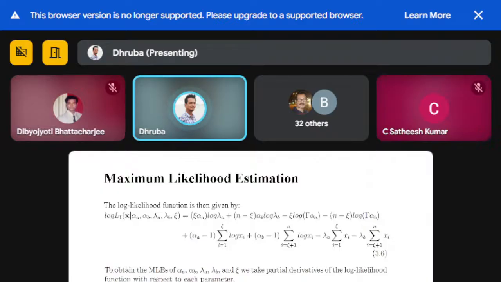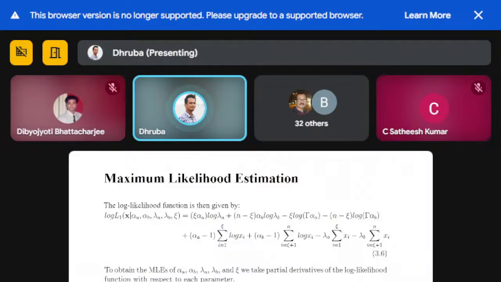The log likelihood function is then given by equation 3.6, that is log of L1. So to obtain the maximum likelihood estimators of alpha A, alpha B, lambda A, lambda B, and xi, there are 5 parameters here now. We take partial derivatives of the log likelihood function with respect to each parameter.